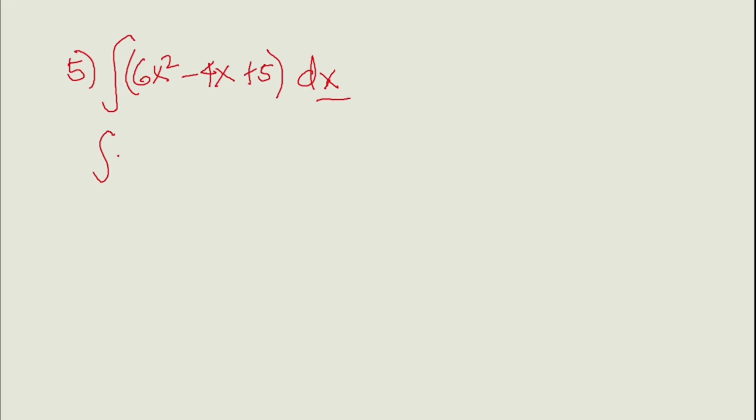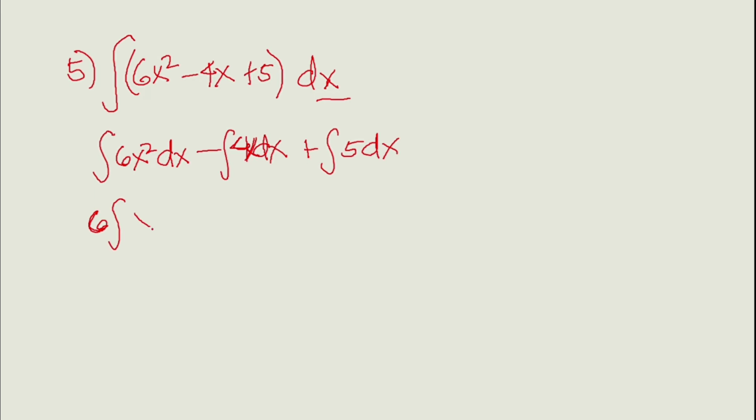So integral of 6x squared dx minus integral of 4x dx, plus integral of 5 dx. So move the constants. So we have here 6 integral of x squared dx minus 4 integral of x dx plus 5 integral of dx.